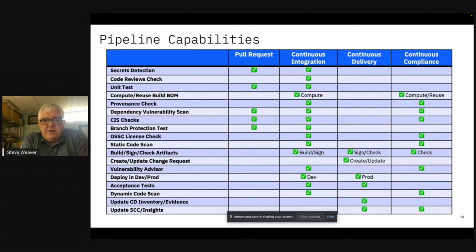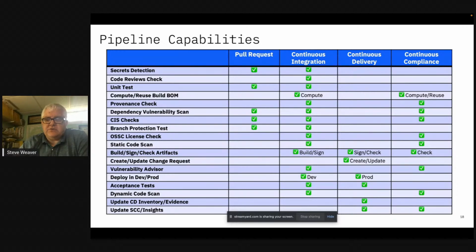So given that, I think we've seen a fairly simple end-to-end example of how we find an error, we fix the error, and then we propagate the fix into production, making sure that we're doing vulnerability scans, security scans, and collecting evidence at every step along the way.